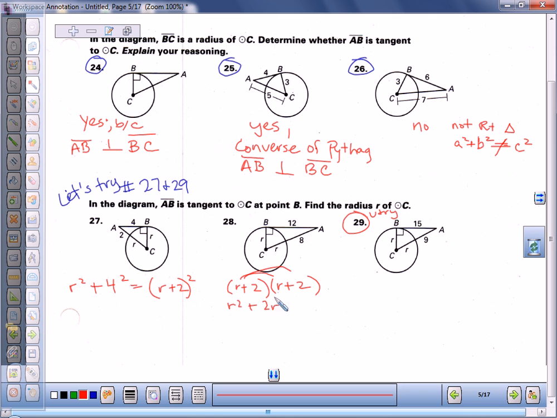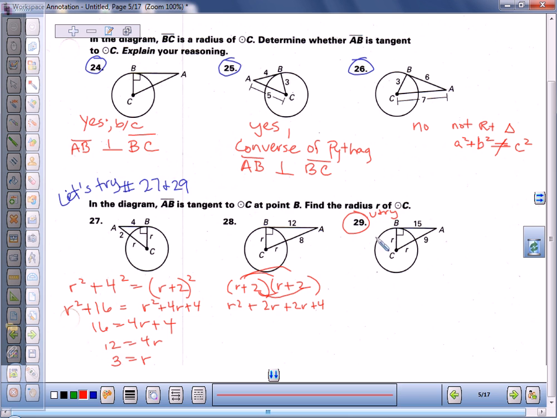R times 2 is 2R. And then distribute the 2: 2R and 4. So this gives us R squared plus 4R plus 4. What happens to the R squareds? They cancel. So we get 16 equals 4R plus 4, so 12 equals 4R, so R equals 3.